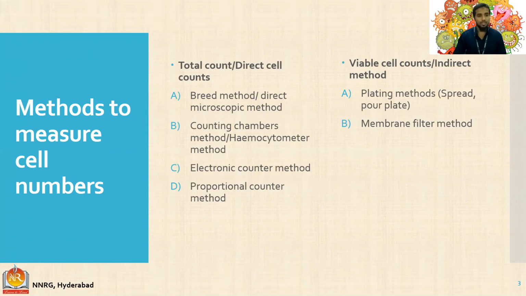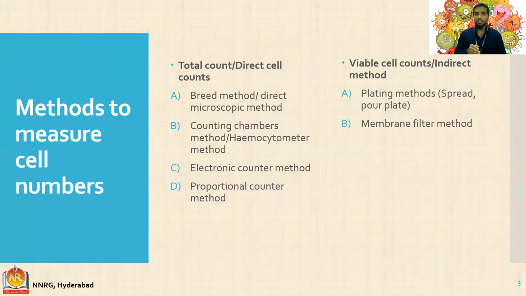So beginning with the measurement of cell numbers, there are two different categories of methods. First is total count or direct cell count, which means we can directly count the number of cells present. Whereas viable cell count or indirect method is by spread plate or pour plate method, where we can visually see the number of cells present.